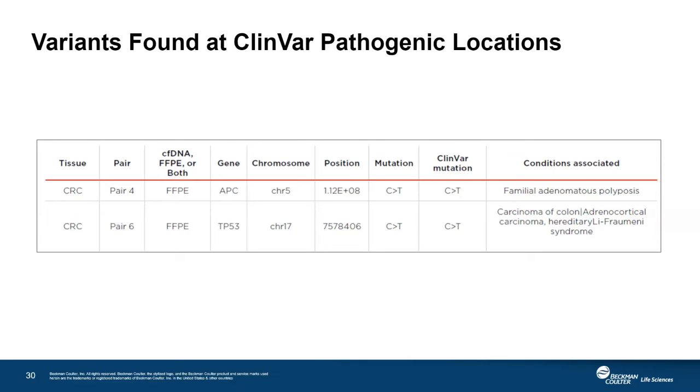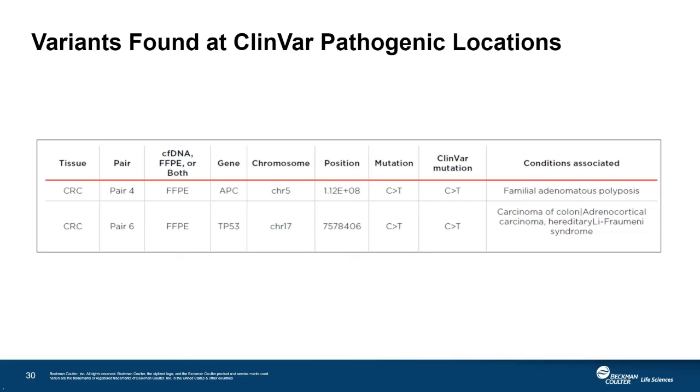And one of the other things is, again, what do you do with this information? So we wanted to determine if we were able to take this data and find any pathologically relevant variants. To do this, we compared what we had seen in the sequencing results against a list of variants from the NCBI ClinVar database. We only used variants that had a clinical significance of uncertain significance or likely pathogenic.